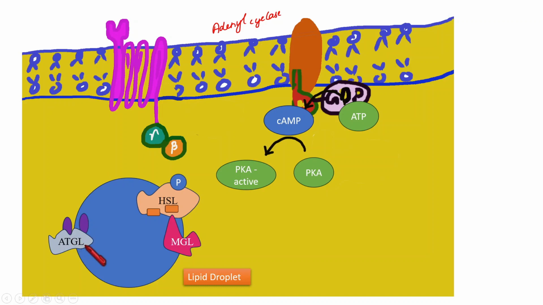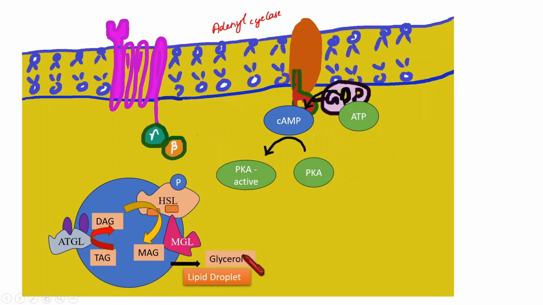On activation, ATGL hydrolyzes triacyl glycerol to diacyl glycerol. Then this diacyl glycerol is hydrolyzed to monoacyl glycerol by the HSL enzyme. And this monoacyl glycerol again undergoes hydrolysis under the influence of MGL enzyme to form glycerol.